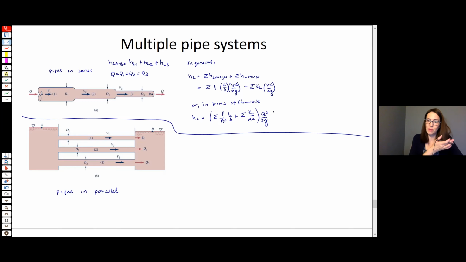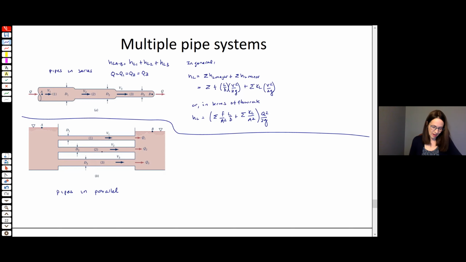The flow rate is the same through all the pipes. The head losses just add up. Now, when we come to the case of pipes in parallel, something really interesting happens, right? You can see the top pipe here, pipe 1, has a diameter D1, and then we've got a different diameter D2 for the middle, and a different diameter D3 for the bottom. So you would imagine that the losses are going to be different in these 3 pipes because we'll have different velocities, but that's not true.